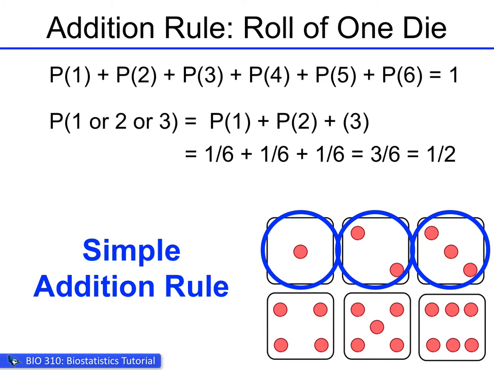So the probability of getting a 1 is 1 in 6, the probability of getting a 2 is 1 out of 6, the probability of getting a 3 is 1 out of 6. So we add this up, we get 3/6 or 1/2. And because this is a simple problem, because I've shown you the 6 outcomes down in the bottom right-hand corner, you can look and verify for yourself that yes, this math is correct, following the simple addition rule.